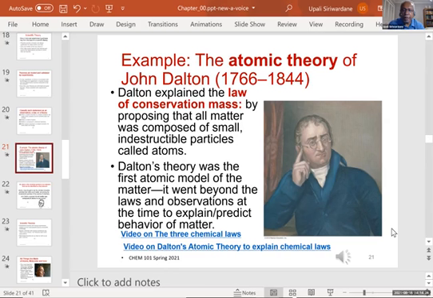Carbon monoxide has 1 oxygen, carbon dioxide has 2 oxygen. Therefore, it's called the law of multiple proportions. It describes the various compounds formed by two different elements. So Dalton came up with a theory to explain these chemical laws.